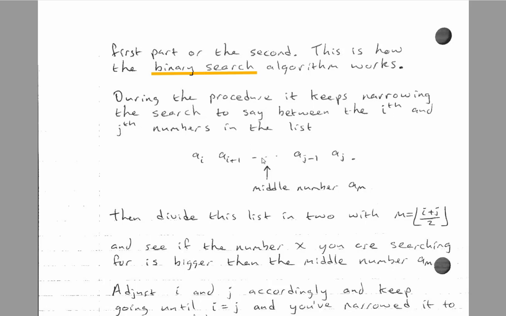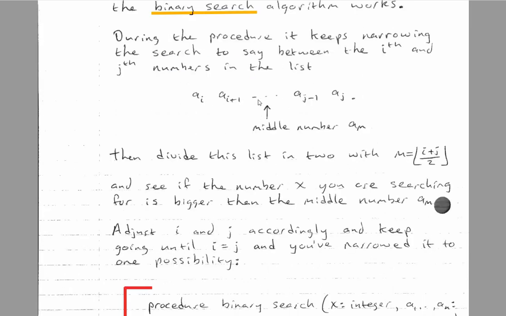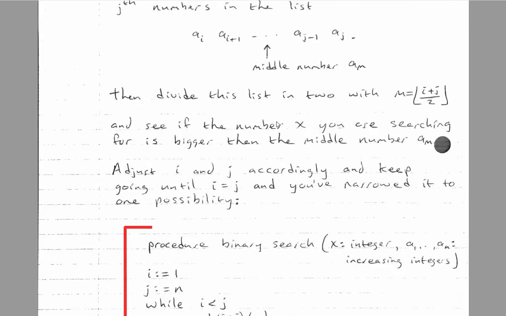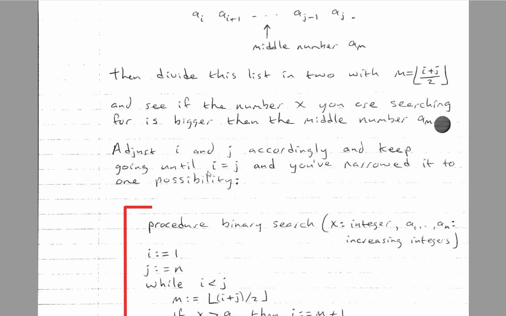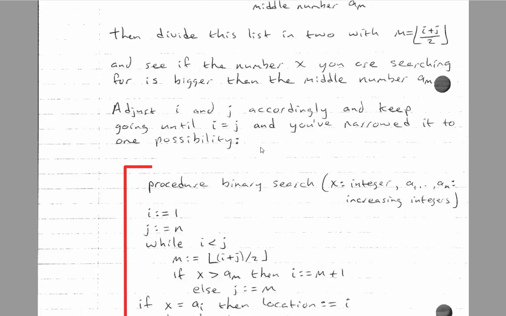If x is less than this middle number, then move j down to m. So we restrict the search range. Then keep doing that until i is equal to j, so you've got it down to just a single number. Hopefully that number is the one you're searching for, but if it's not, that means the number was not in the list.